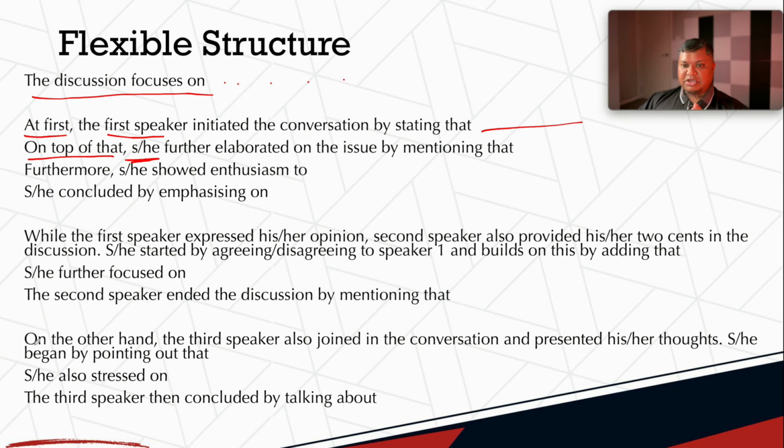Then I'm saying she or he further focused on, and then I'm saying the second speaker ended the discussion by mentioning that. Now here I'm trying to keep the gender neutral because it will be difficult for some students to remember the gender. But if you can remember, you can simply say she ended or he ended the discussion by mentioning that, right?